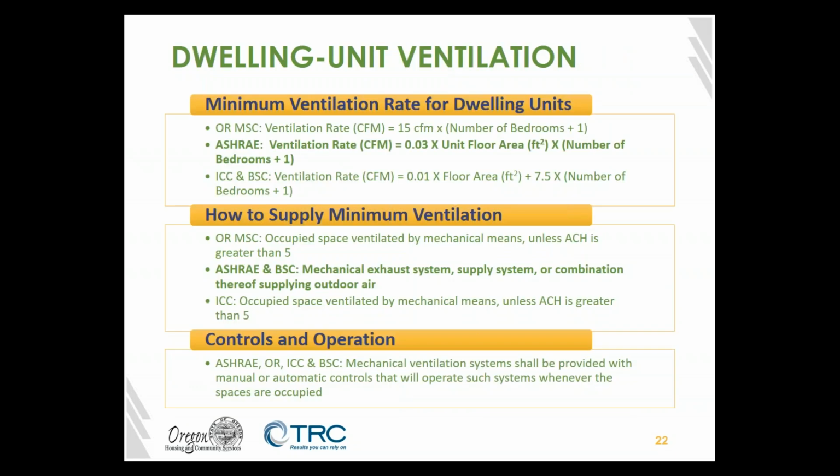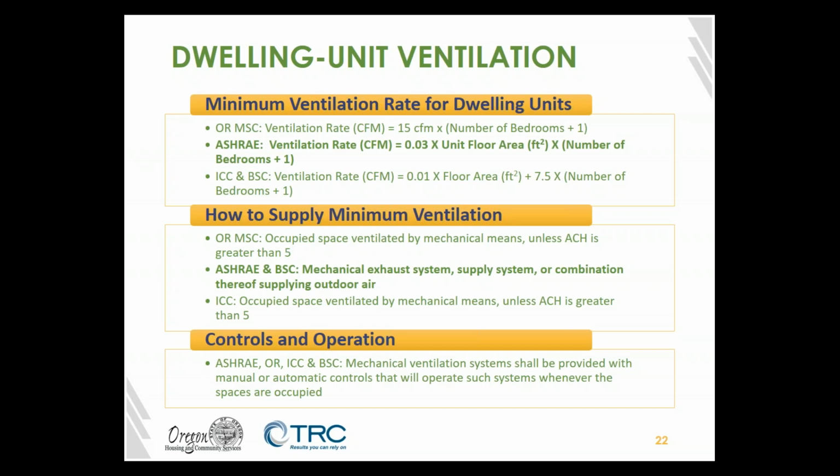So let's talk briefly about dwelling unit ventilation. Depending on which guide you consult, they're all saying similar methodologies of how to design, specify and install dwelling unit ventilation. First, they each have a different formula for the dwelling unit ventilation rates. How many cubic feet per minute do you need in a space based on its size and its number of occupants?